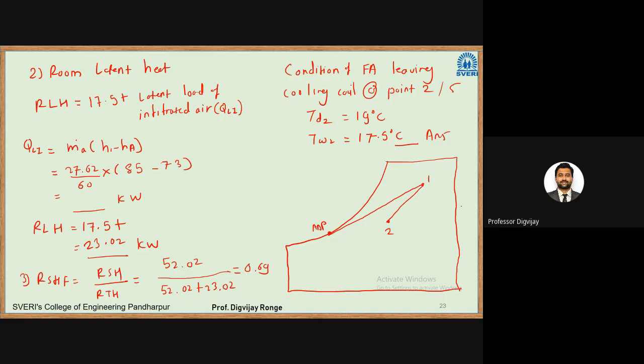Then I have calculated the RSHF. There was this alignment circle given. I have joined this alignment circle with this point, and parallel to this line I have drawn a line like this. Then I received one intersection point. This intersection point is your supply air point.